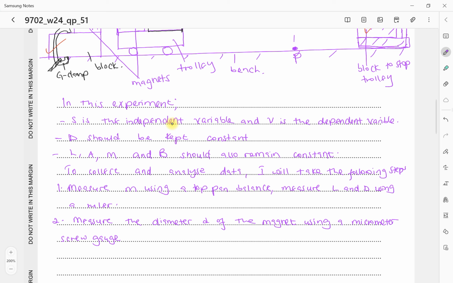Of course, this one is done at different points along the magnet.